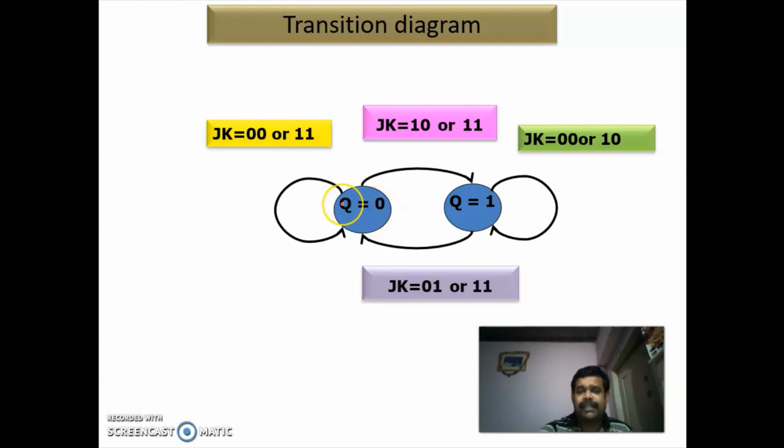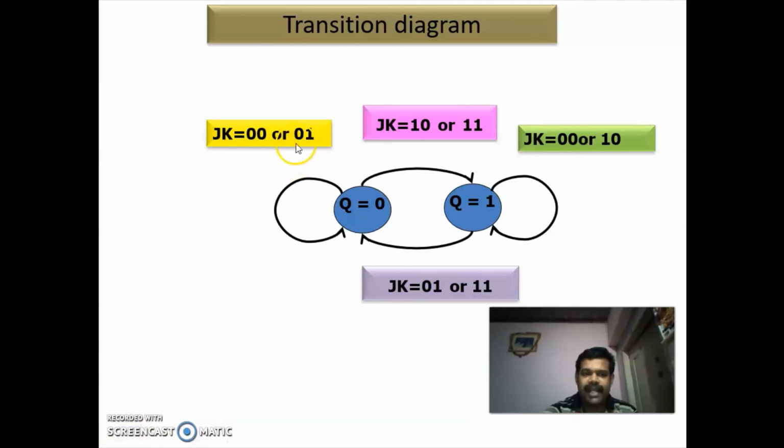Similarly, when J is 0 and K is 1 and Q is 0, again the next state will also be 0. So it stays in the present state only.